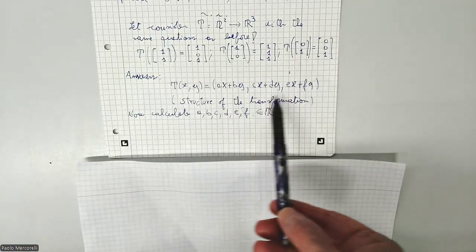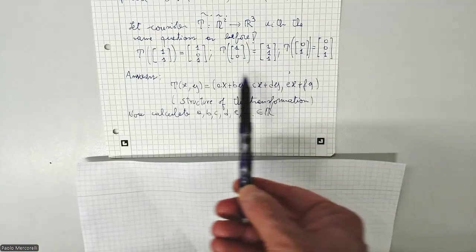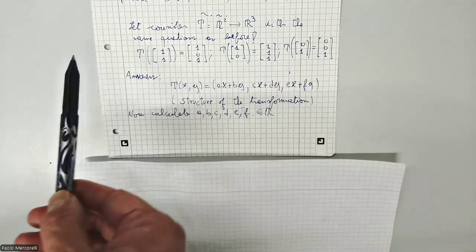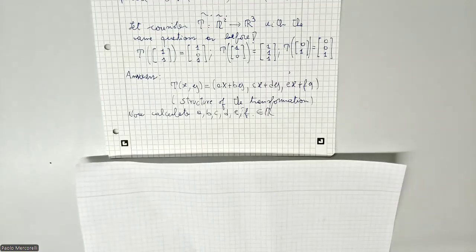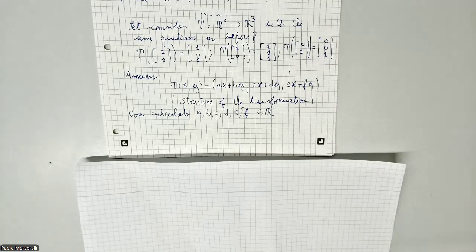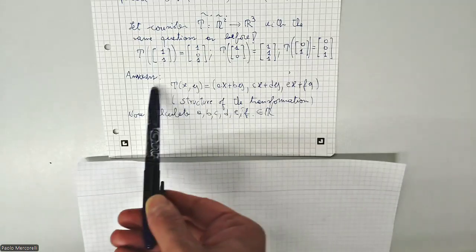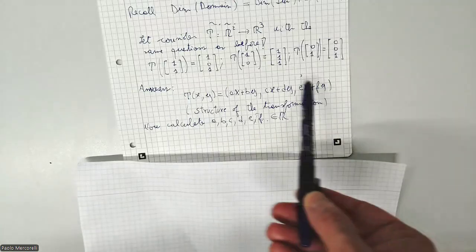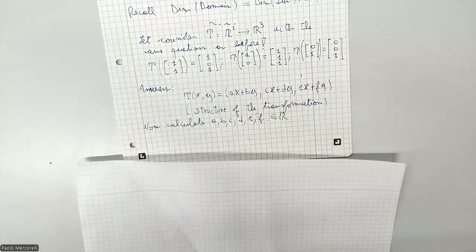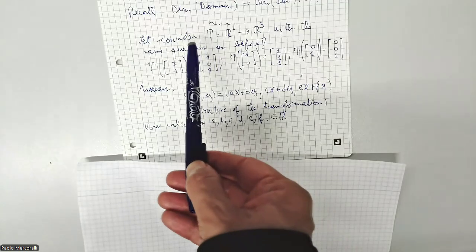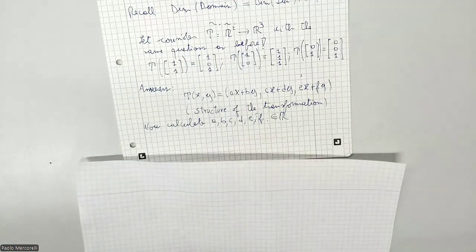Please pay attention to what I will try to do. The most important interpretation of the problem is in the text, because this sentence here says that the transformation works from R^2 to R^3.